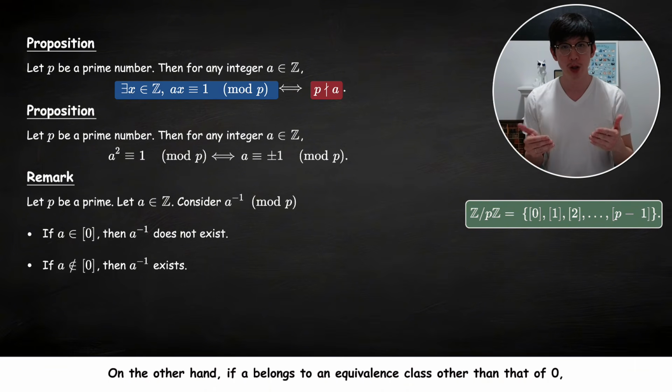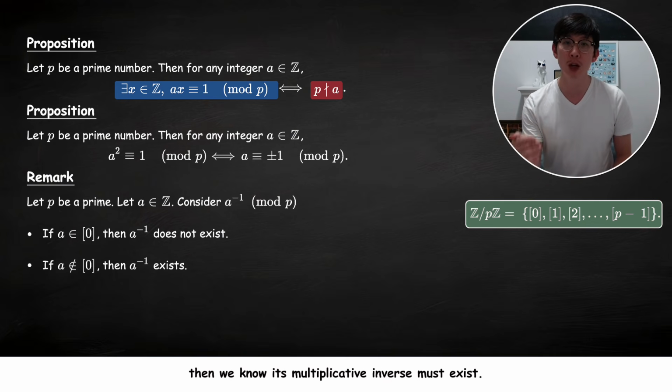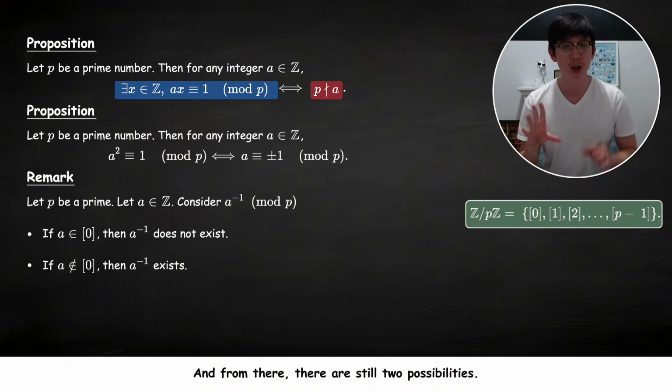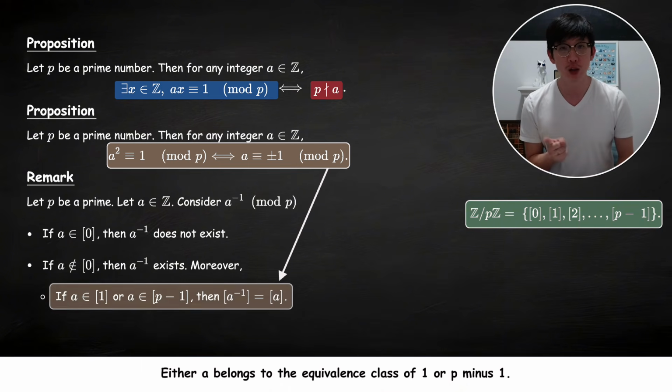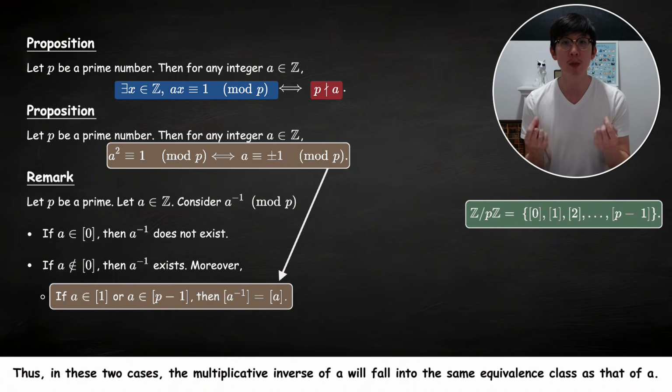On the other hand, if a belongs to an equivalence class other than that of 0, then we know its multiplicative inverse must exist. And from there are still two possibilities. Either a belongs to the equivalence class of 1 or p minus 1. Notice that p minus 1 is congruent to -1 modulo p. Thus, in these two cases, the multiplicative inverse of a will fall into the same equivalence class as that of a.